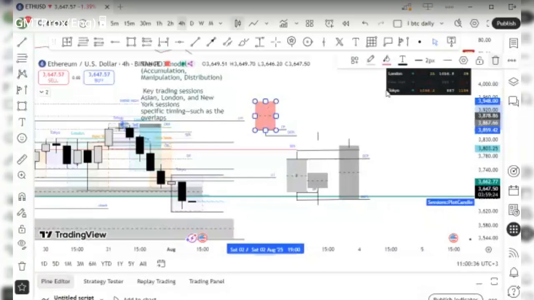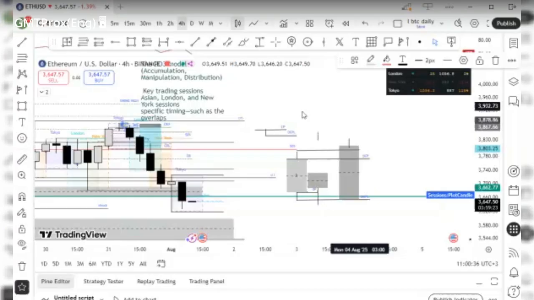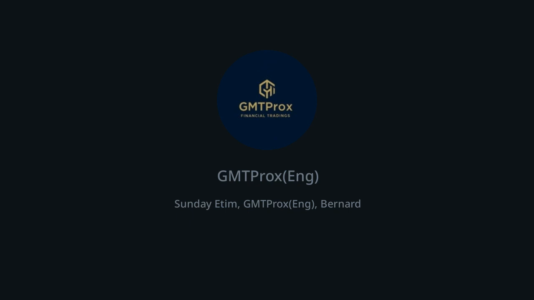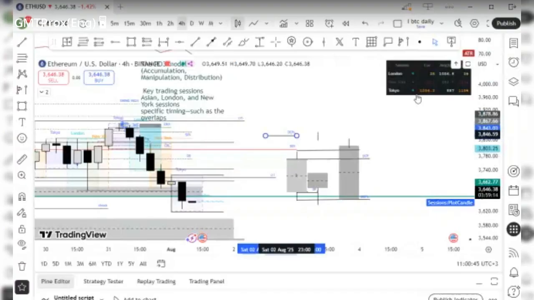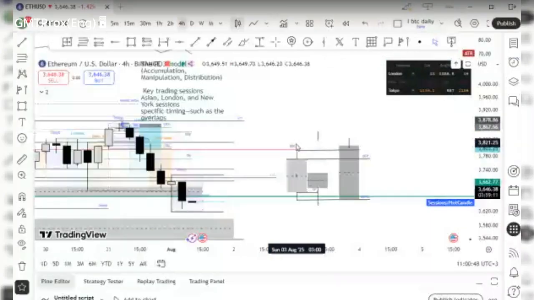So now you have to backtest this. You have to do a lot of work to make sure that you master it. You need to backtest it until you understand.